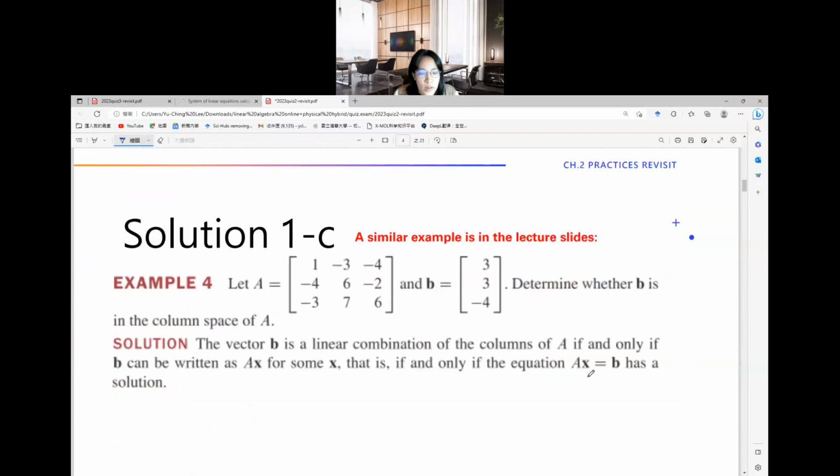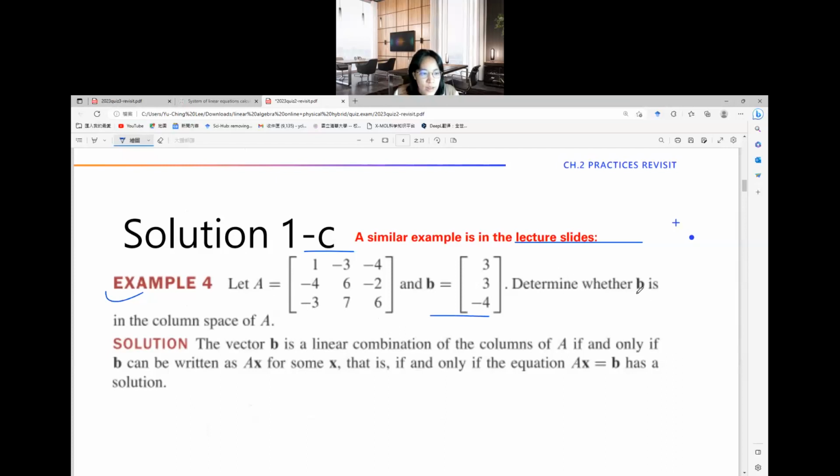There was a similar example in the lecture slides for question C. This question asked: A is a 3x3 matrix and B is a vector.